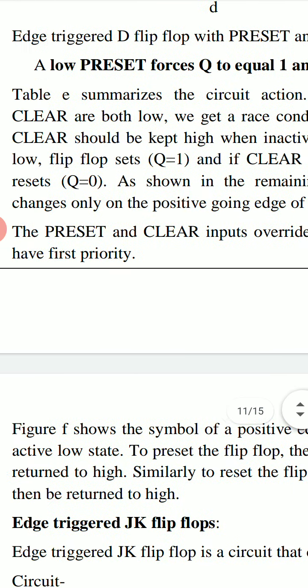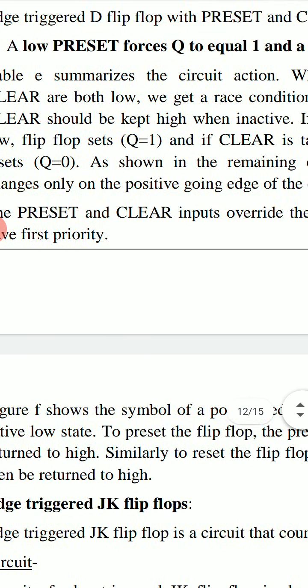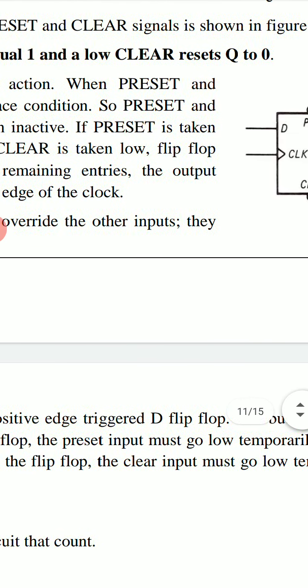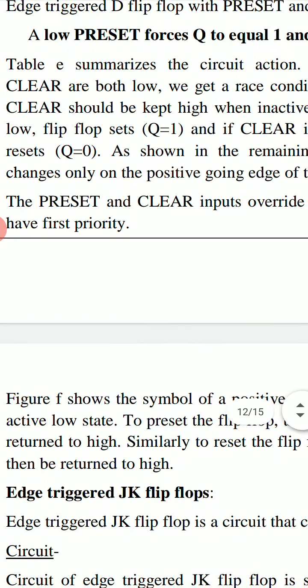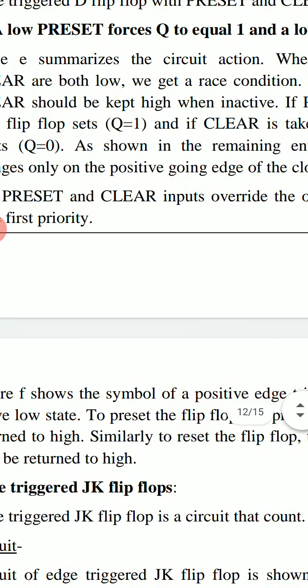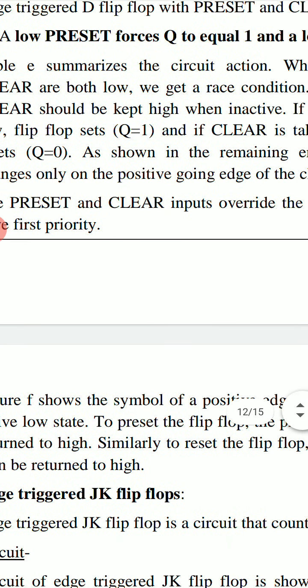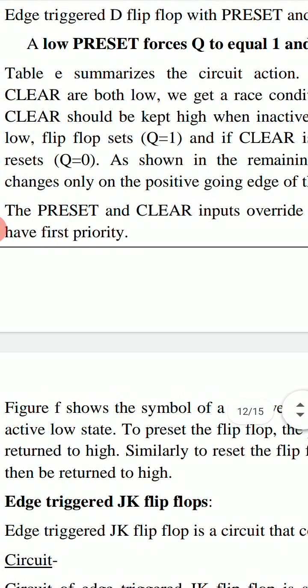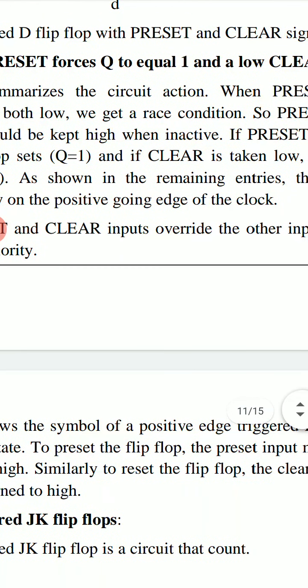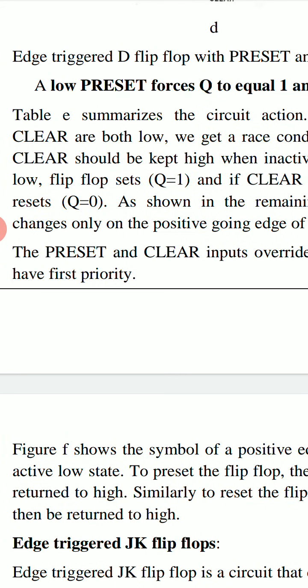If preset is taken low, flip-flop sets Q equal to 1, and if clear is taken low, flip-flop resets Q to 0. If clear is 0, then we get output Q as 0, and if preset is 0, then Q is 1.